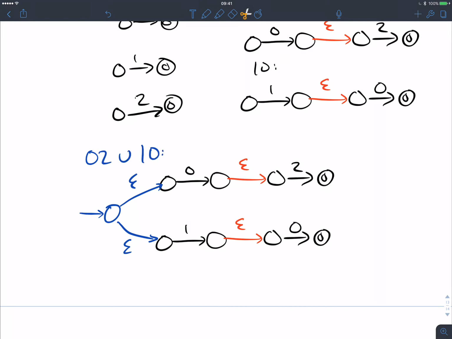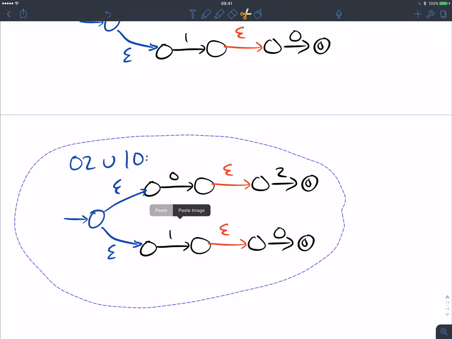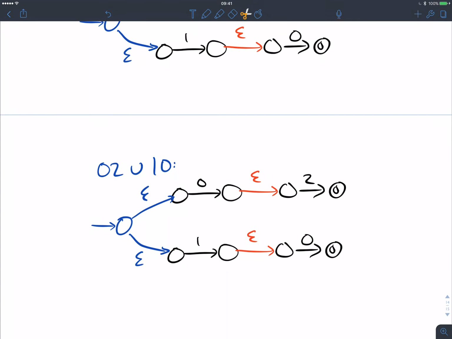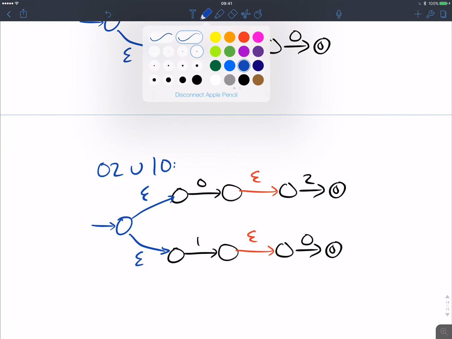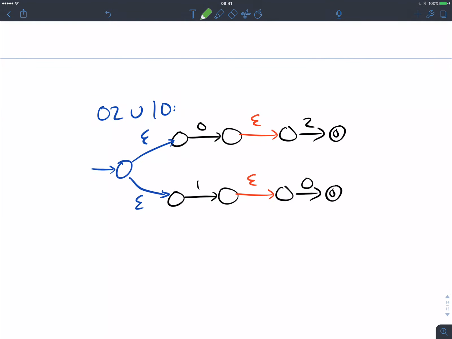And now once I have one for 0, 2, union 1, 0, could I get one for the star of that? Yeah, heck yeah. How do I do that? Make a new final start state. Then what do I do? So I'm going to make a new final start state.